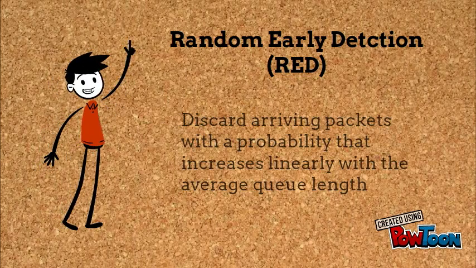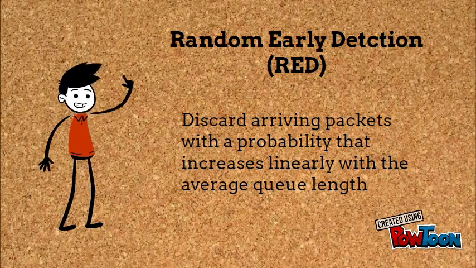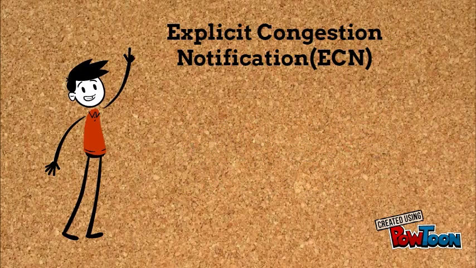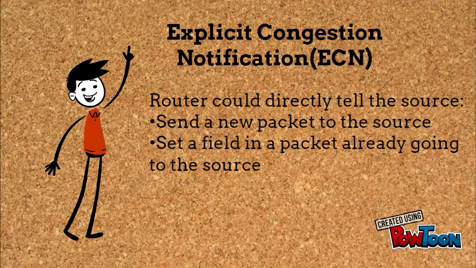Routers can also do random early detection by discarding arriving packets with a probability that increases linearly with the average queue length.